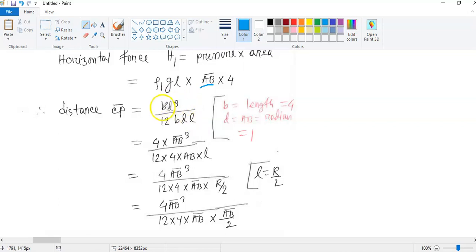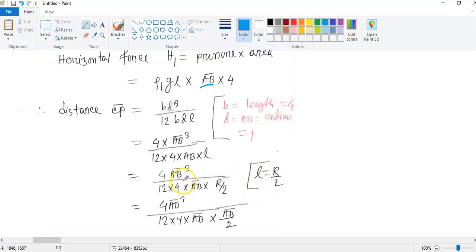So here B is the length, which is 4. D is the radius AB. 12 is from the formula. B again is length 4, D is AB, and L we know equals R by 2, the half of the radius. That means this is the half distance from the centroid, the center point.